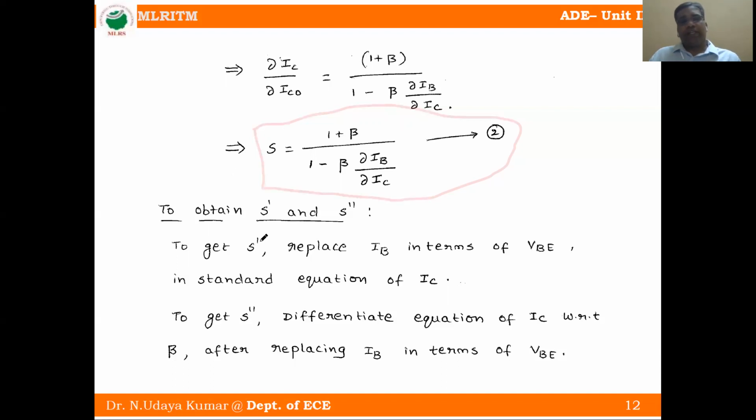So to obtain stability factor S dash and stability factor S double dash: to get S dash, replace the IB value in terms of VBE in the standard equation of IC. Similarly, to get S double dash, differentiate the equation of IC with respect to beta after replacing IB in terms of VBE.